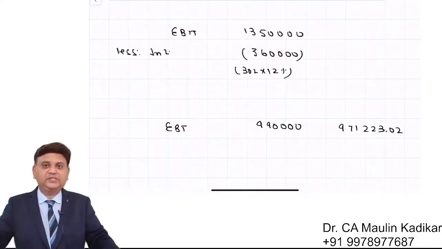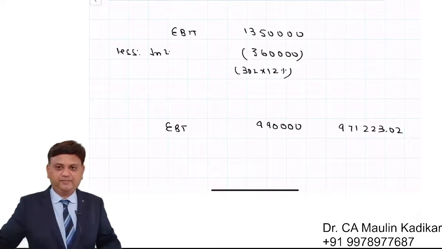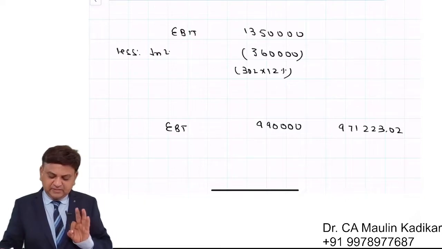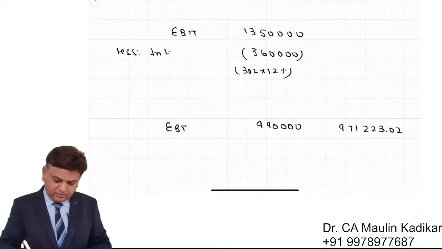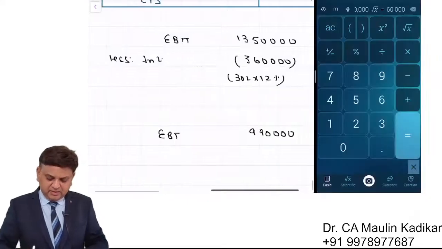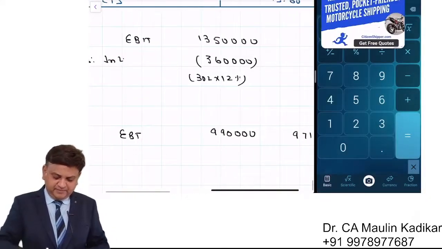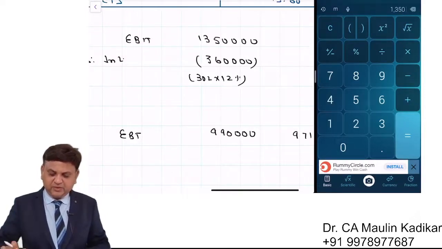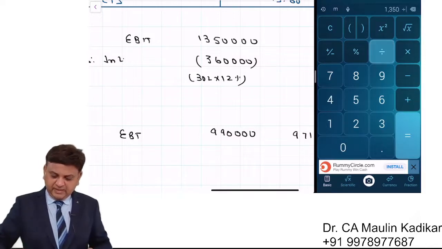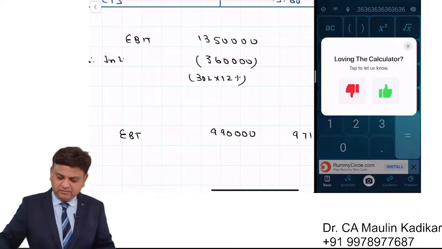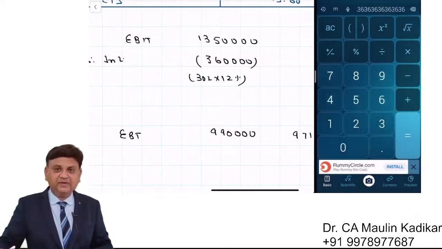That is the kind of question I come across a number of times. Now everybody understand carefully. Whatever the kind of question I come across, if we do answer that way, then what will happen? See, 1350 divided by 990, you can see the degree of financial leverage is 1.36.